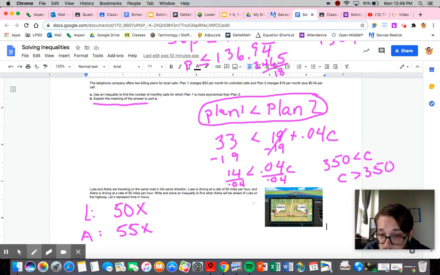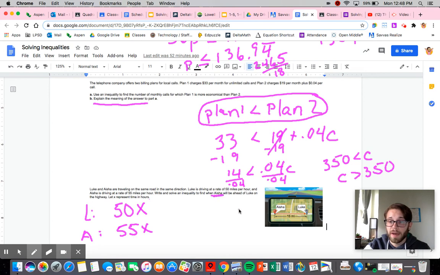Now, we're told based on this diagram here that Luke is about 15 miles ahead of Aisha, right? Because if they were right next to each other, it'd be pretty much immediate that Aisha is in front. So we want to know when she will be in front.